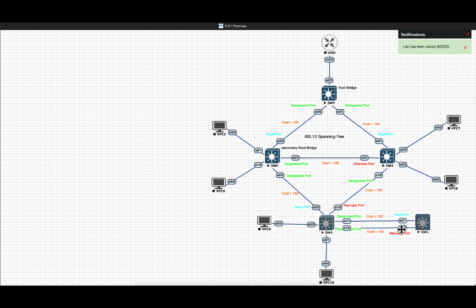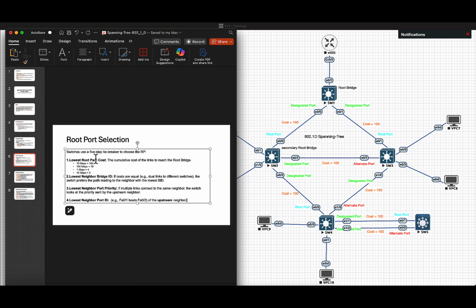All right, so this is correct. So that is how the root port selection happens by default. Again, if you want to manually configure an interface to be the root port, you could modify that based on the selections, but we'll talk about that in maybe another video. All right, so that's root port selection.